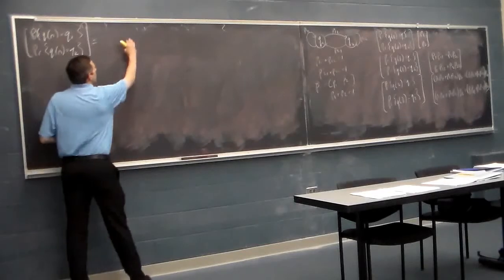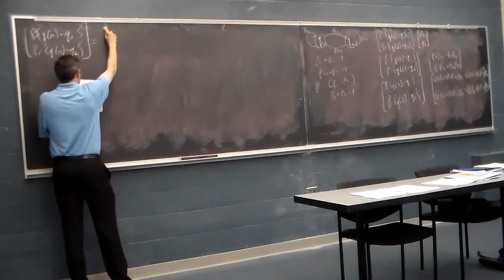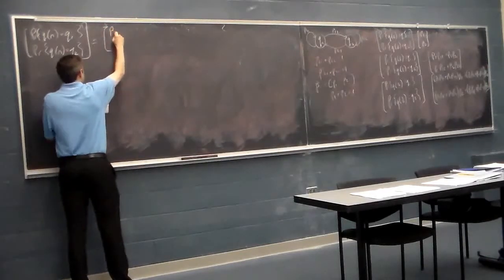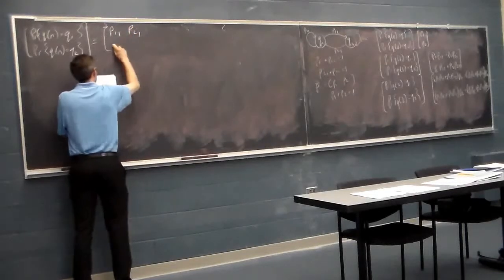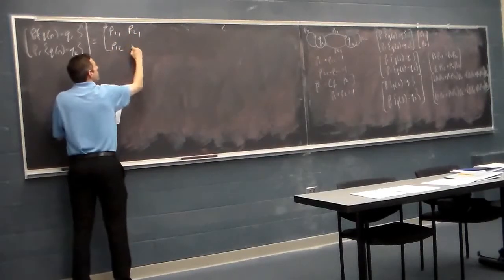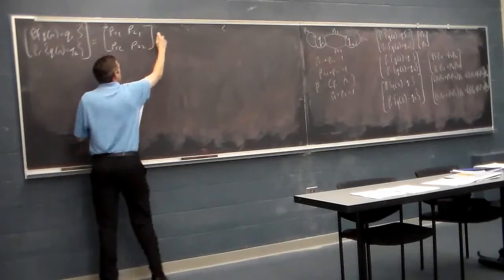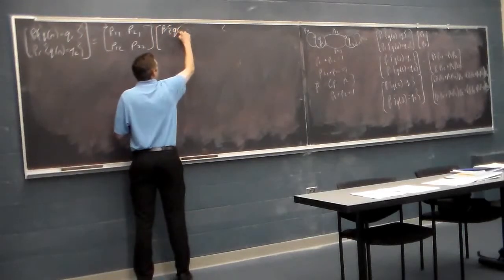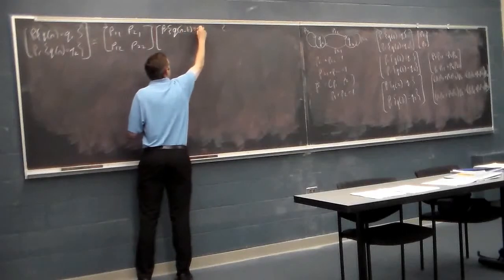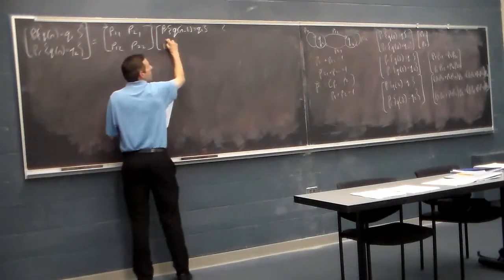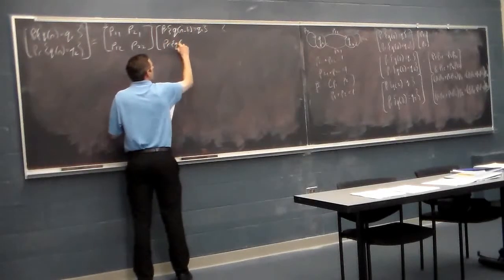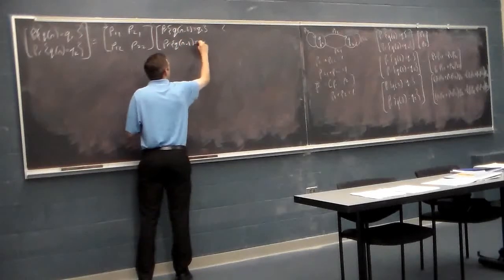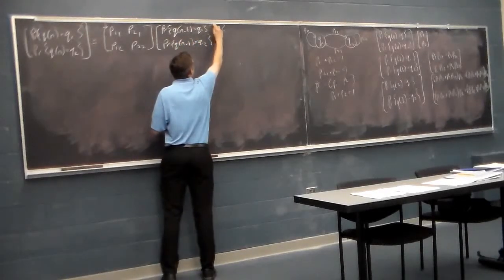In particular, we can describe it in terms of a matrix multiplication as P11, P21, P12, P22 times the vector of probabilities at step n minus 1: the probability Q of n minus 1 equals Q1 versus the probability Q of n minus 1 equals Q2.